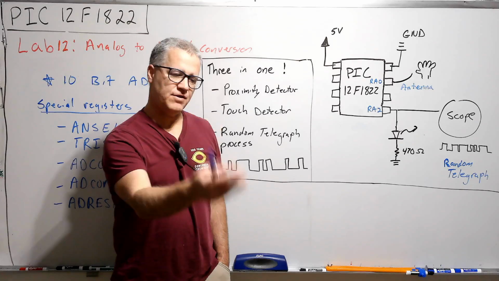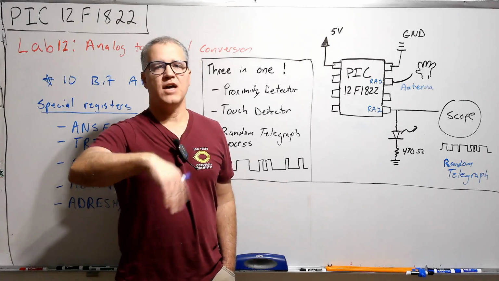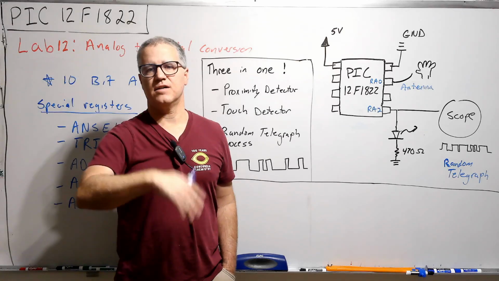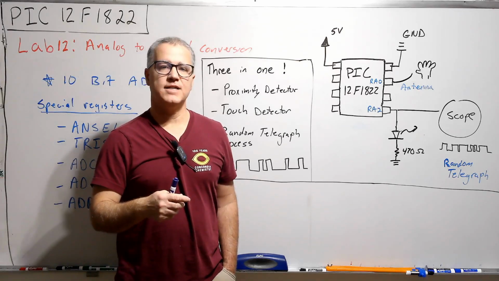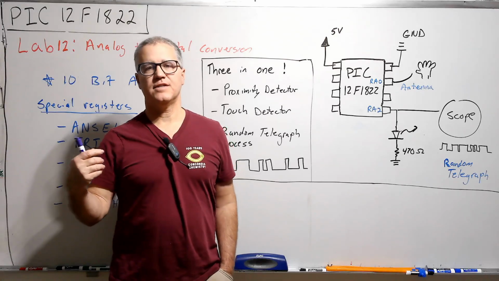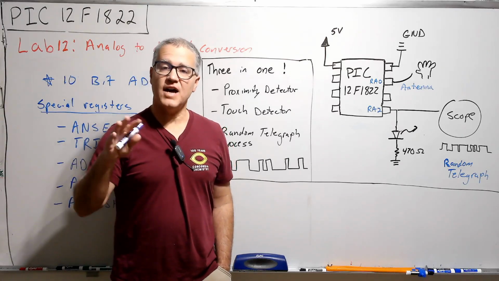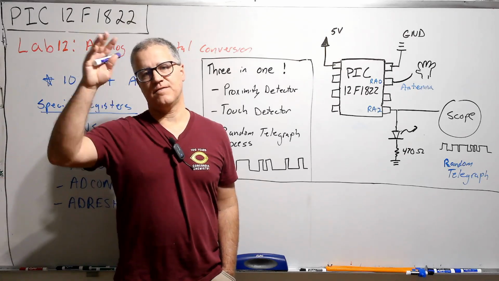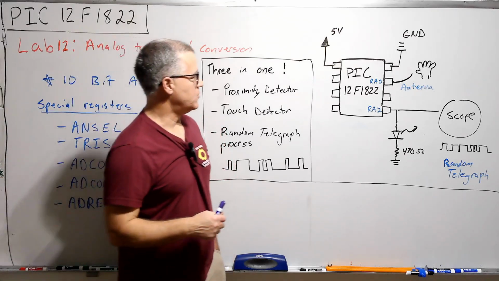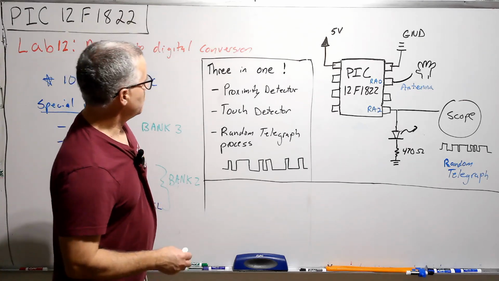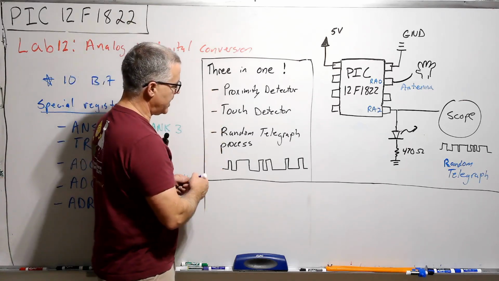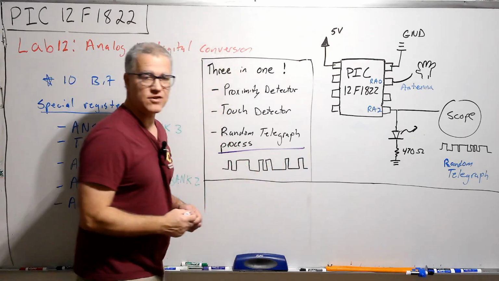If we read a very low significant bit, that'll basically be fluctuating completely randomly. And if we use a higher bit, then that will more often than not be off, except for high noise spikes. So we're going to be able to make actually a nice random telegraph process.